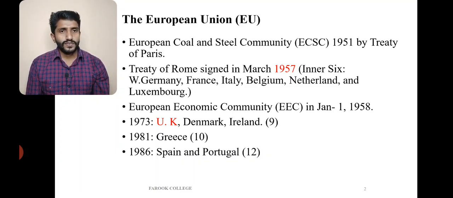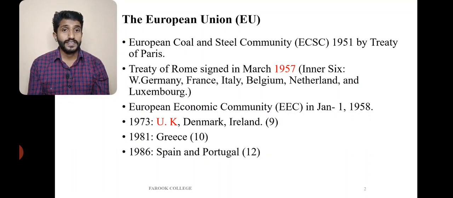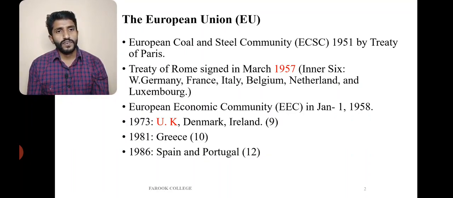The European Union's origin comes from the European Coal and Steel Community, ECSC, which was formed in 1951 by the Treaty of Paris. So it was not a free trade agreement, but just for the sake of coal and steel exports and imports.